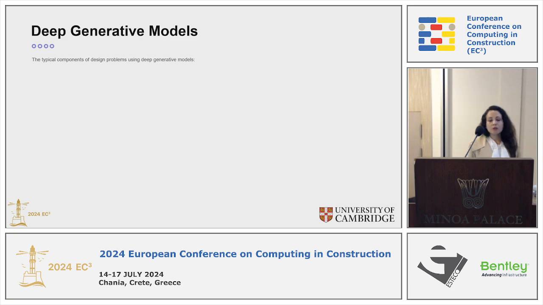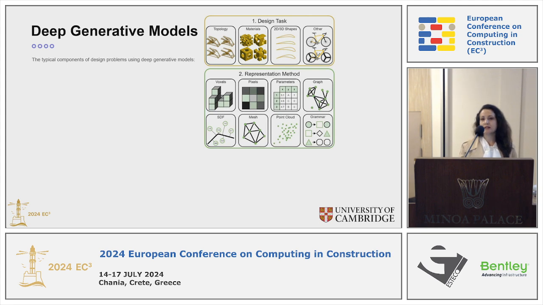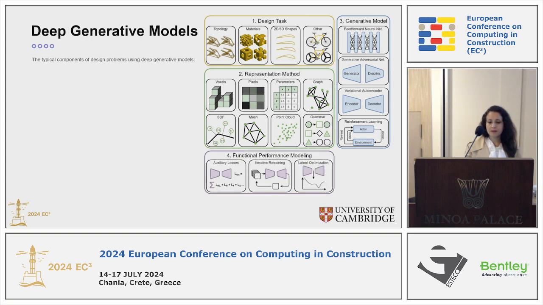The typical components of design problems using deep generative models are design task, representation method, generative model, functional performance modeling, and synthesis output.